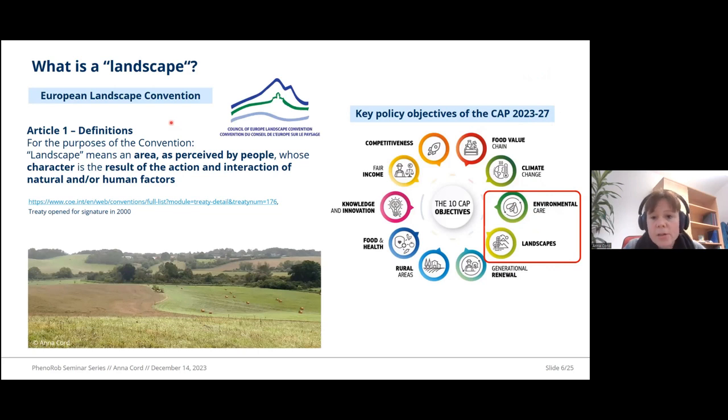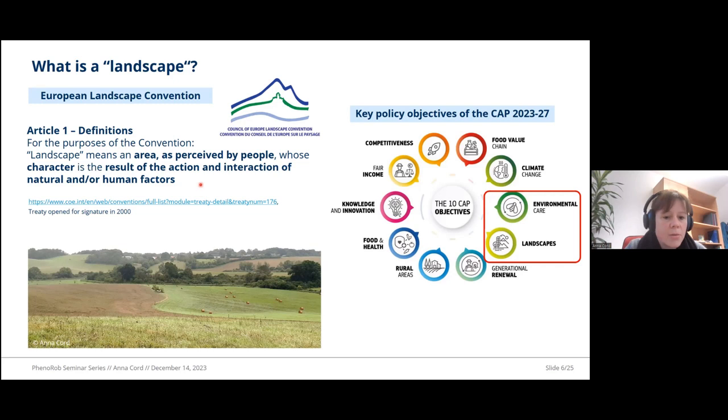There is actually a definition of what a landscape is, and we have a European Landscape Convention, which was initiated in 2000. Germany has still not signed or ratified it, though. And this definition is kind of interesting because we have all these studies talking about upscaling to the landscape level, and we want to generalize our results to the landscape level.